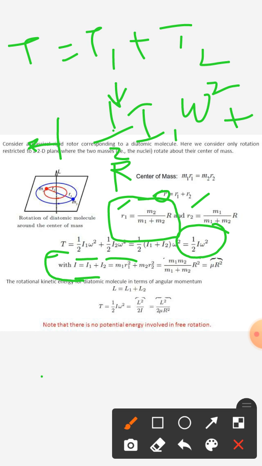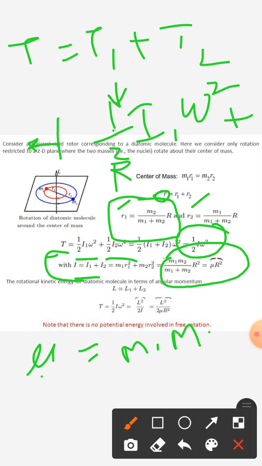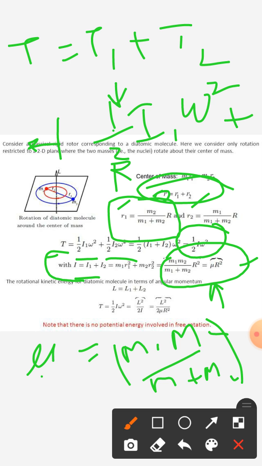This can be further reduced by applying a term mu, which is the reduced mass factor, m1 m2 upon m1 plus m2. So by applying this constant mu, we can write I equals mu R square, where R is as we know earlier.